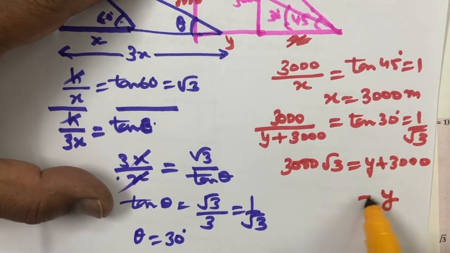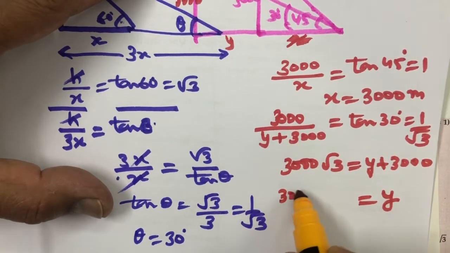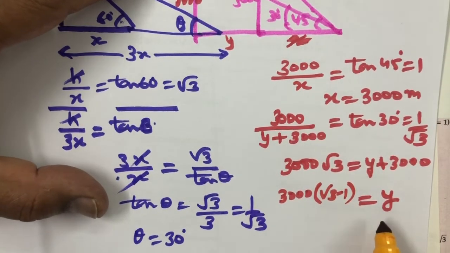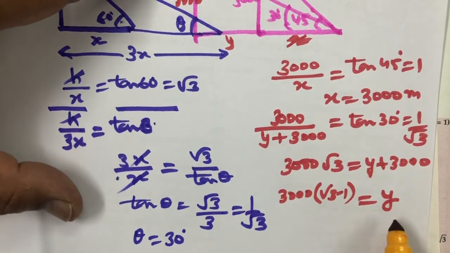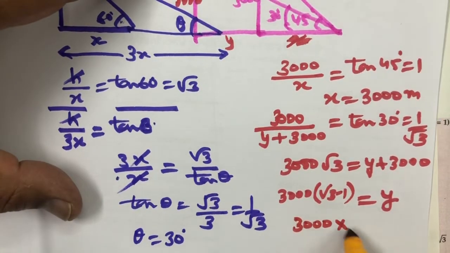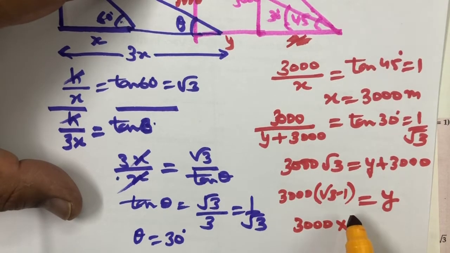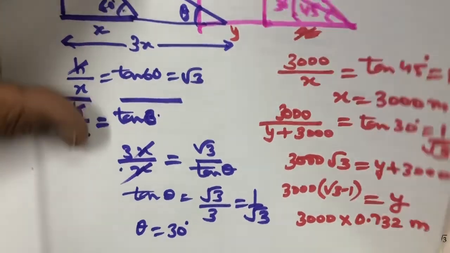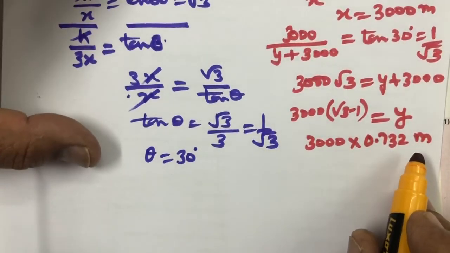Hence y equals, shifting to this side, 3000 bracket root 3 minus 1, which is the total distance traveled. If you solve it, 3000 into 1.732 minus 1, that is 0.732 meters. This is the value of y.